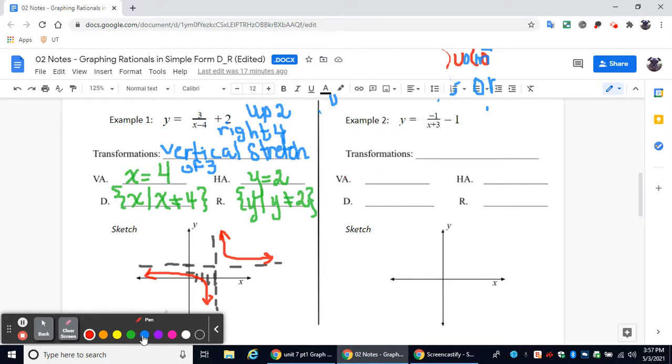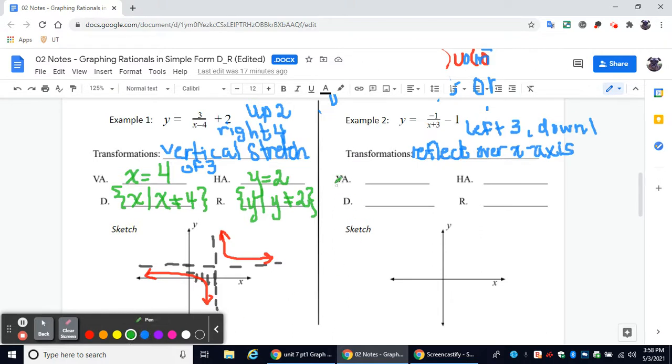So let's take a look at example number 2. Here we have a -1 in our numerator, so that's going to give us the reflection. The x plus 3 is going to go left 3. And the -1 is down 1.